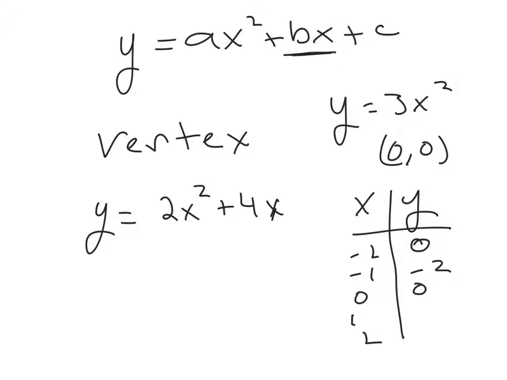Well, not quite. Look what happens when we plug in 1. 1 squared is 1 times 2 is 2. 4 times 1 is 4. 2 plus 4 is 6. This is different, right? 2 squared is 4 times 2 is 8 plus 8 is 16.